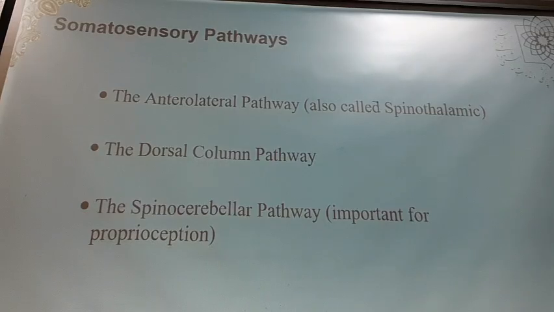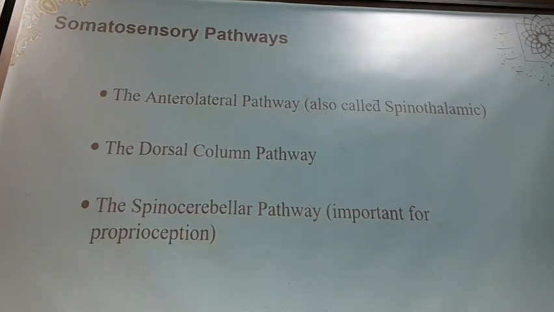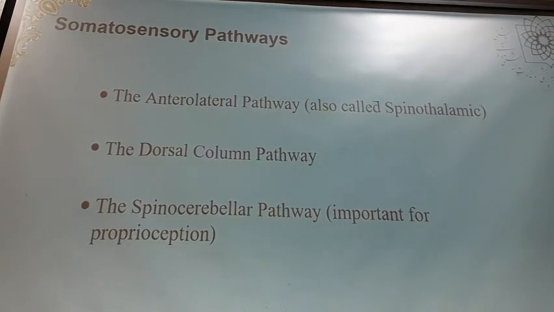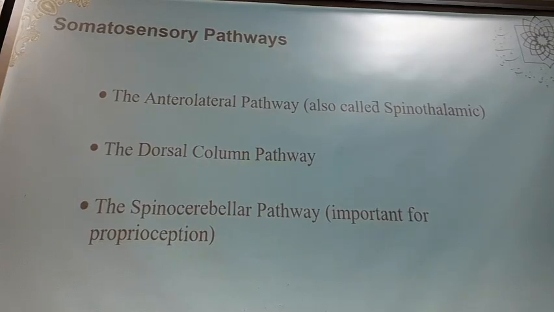One pathway is named the anterolateral pathway, or spinothalamic pathway. The spinothalamic pathway sends the information from touch sensation, thermal sensation, pain, those information that is not very rapid. They are important, but not very rapid.